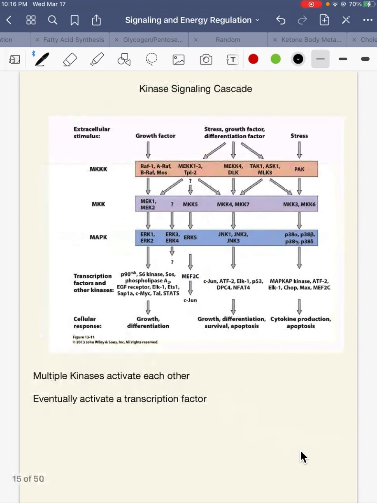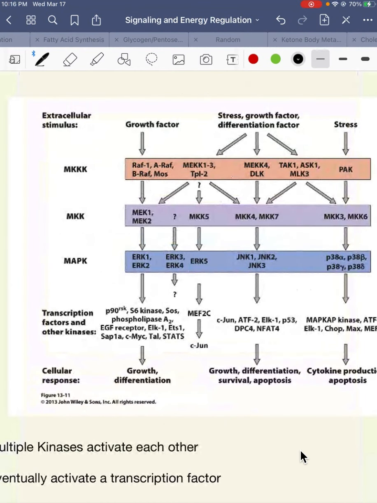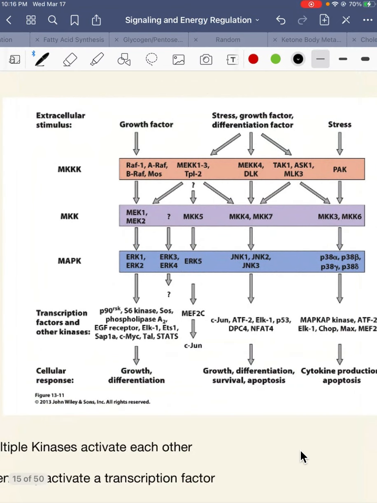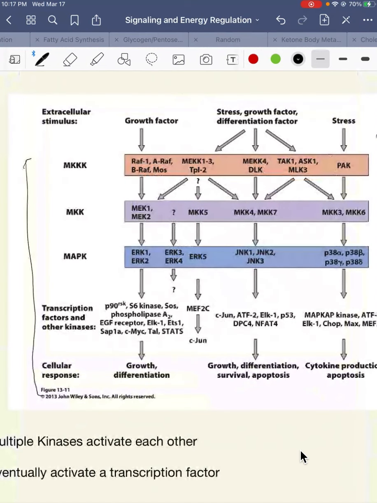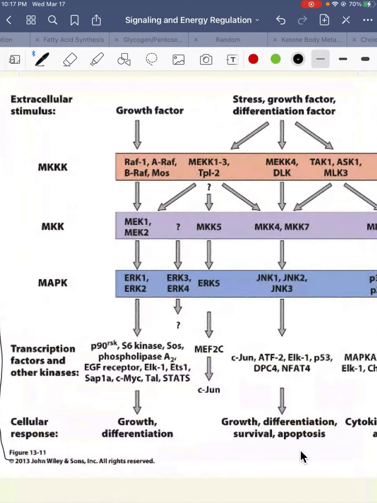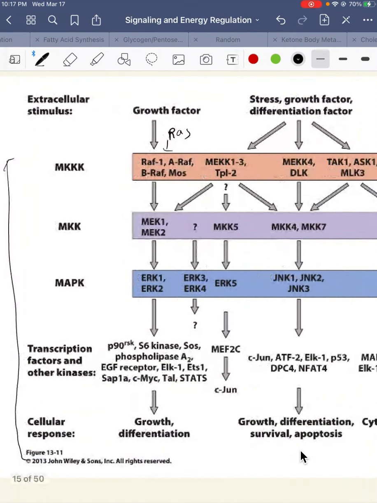Okay. So like I said, RAS, RAF, MEK, MAPK, all of that is just one example of different things in the cell. I don't think you're expected to know this, but this is allowing you to see the different signaling cascades that can occur. So for growth factors, RAS eventually activates RAF, which is a type of MAP kinase kinase kinase.